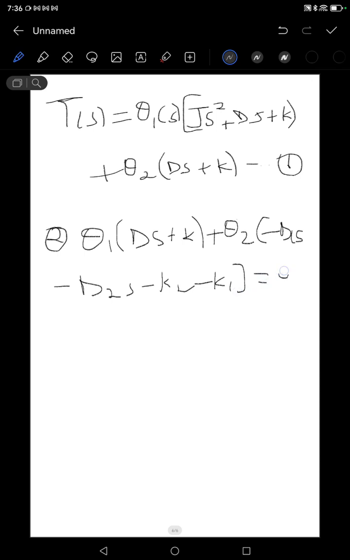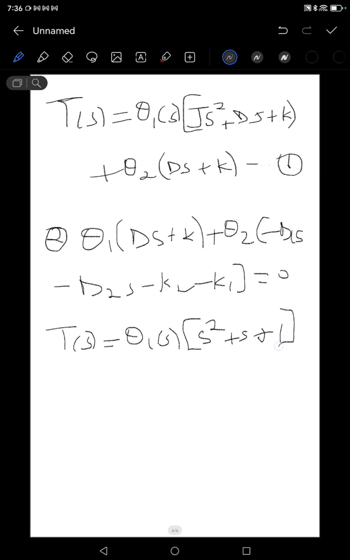Okay, all equals to 0. And then I was saying, okay, when we started, we say the J, the D, and the K, they are all equals to 1, which means the first equation is gonna look like this. It's gonna be the T of s equals to theta 1 of s. The J is 1, the D is 1, the K is 1, so it's gonna be into s squared plus s plus 1.